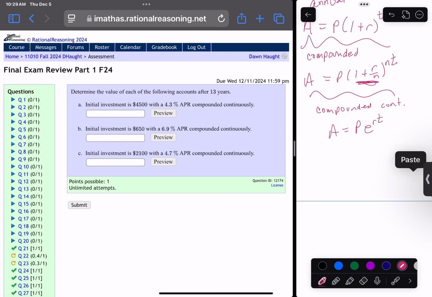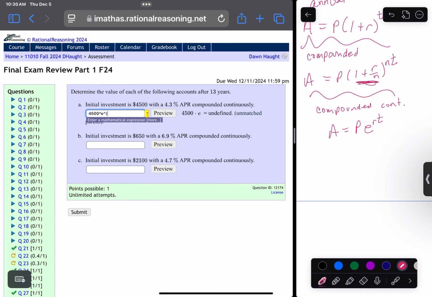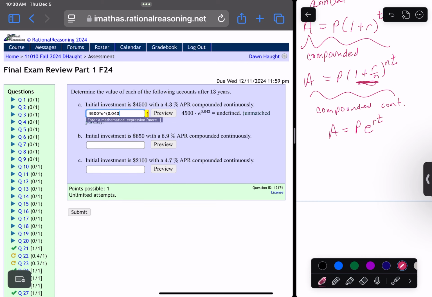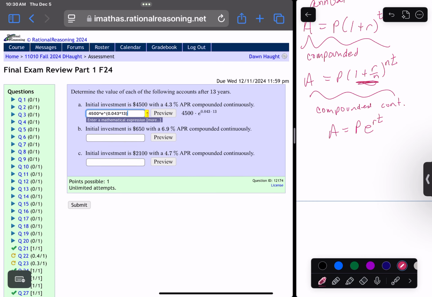So we're going to just put in the PERT formula information each time. So we're doing 4,500 times e to a power of, now put this power in parentheses, you're going to write the rate as a decimal, so 0.043 after 13 years, so times 13.